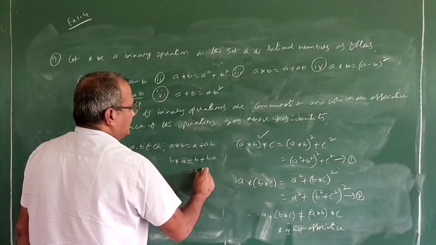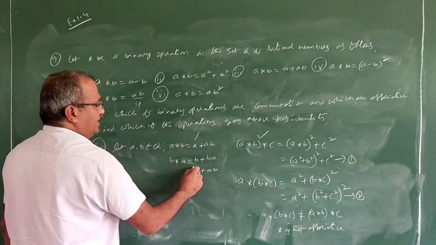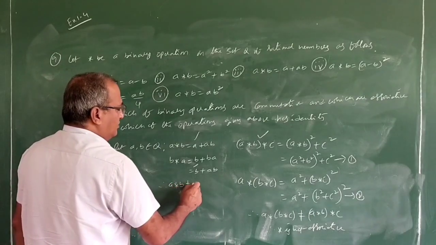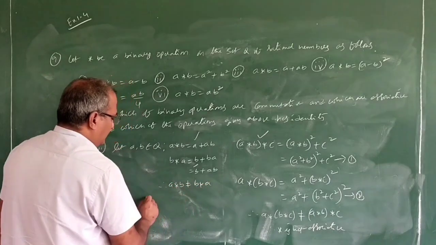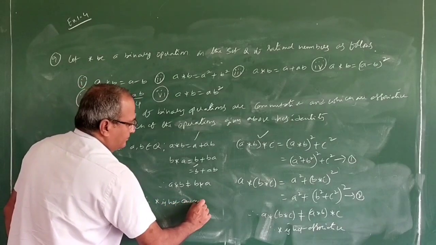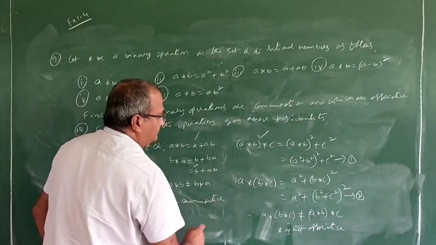So A star B is not equal to B star A. Therefore star is not commutative.